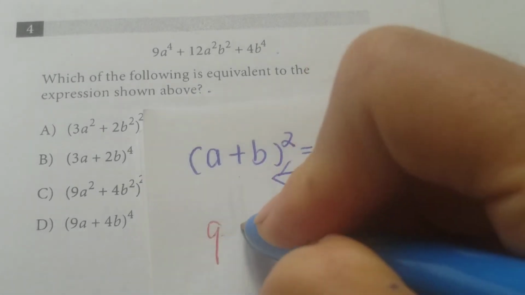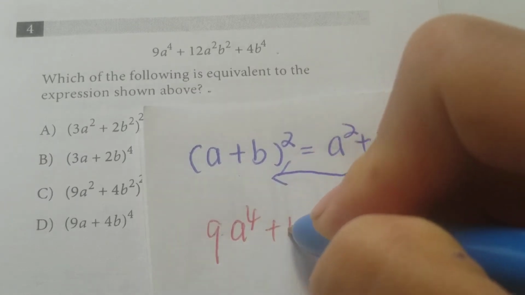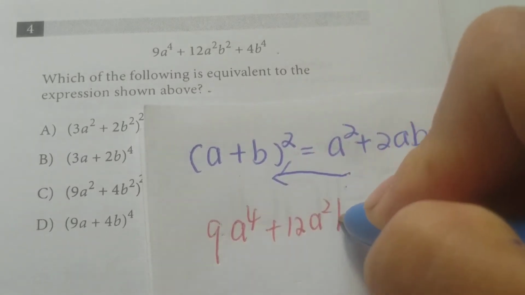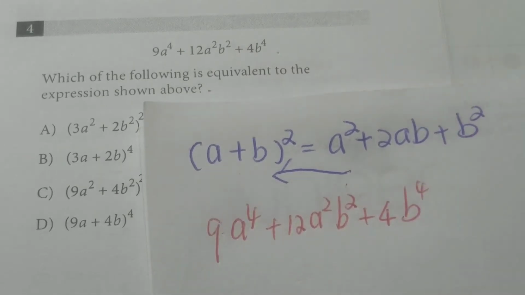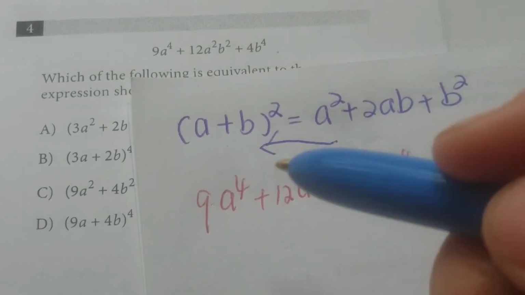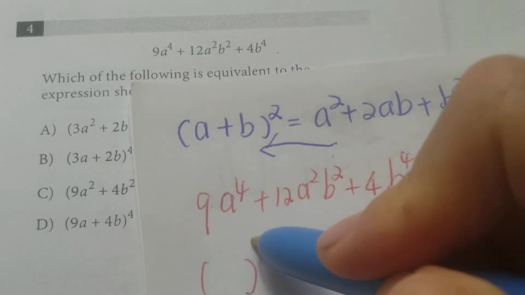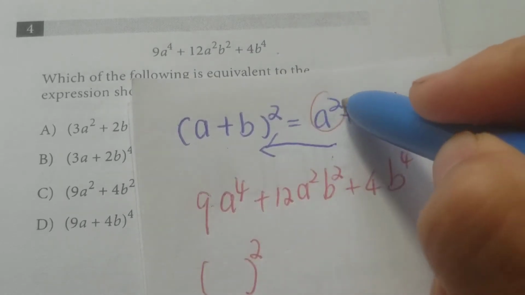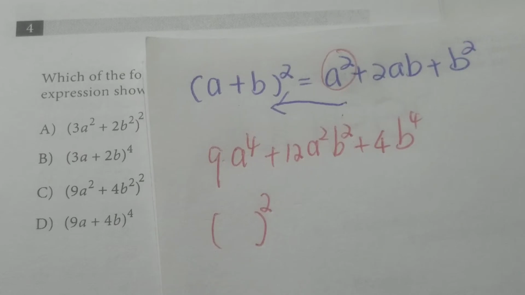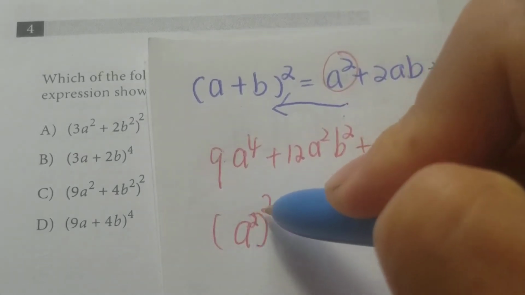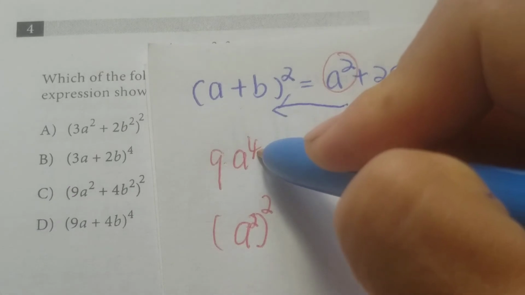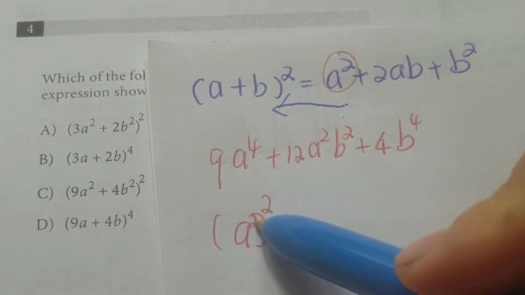I have 9a to the power of 4 plus 12a squared b squared plus 4 times b to the power of 4. Let's start with the easy part. Can I rewrite this as something squared to match this form? Now, for a, I can write a squared squared equal a to the power of 4, which is fine.